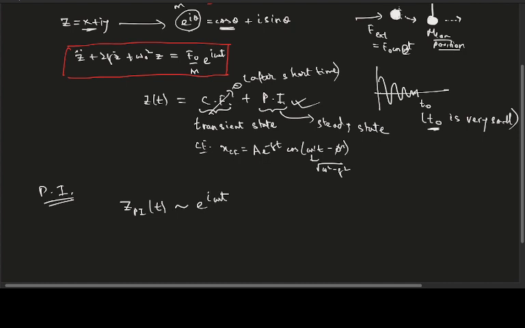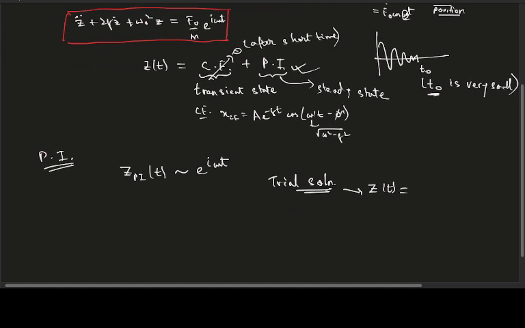So we can take our trial solution, this is the coolest method. Let z_PI(t), I'll get rid of PI here and just write z(t), be equal to some A e to the power i omega t.